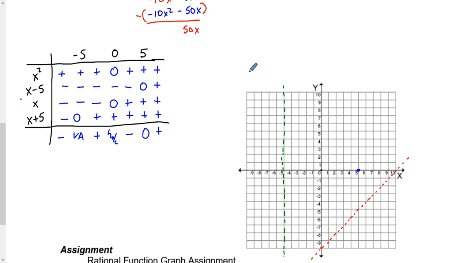Well, the only way that we can be positive is here. Now we're going to have to be really close to here. That's trying to get us closer to that horizontal asymptote. Then we get a hole.